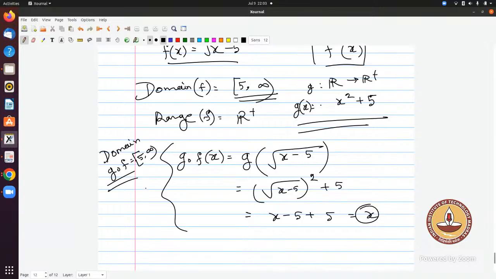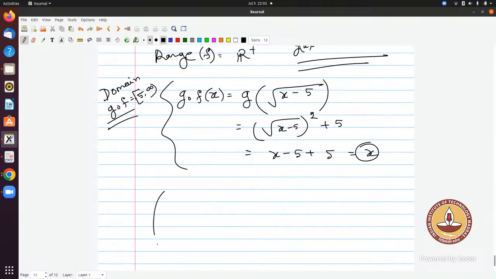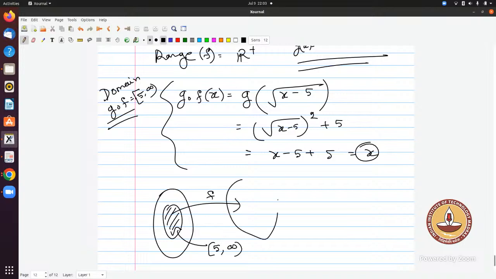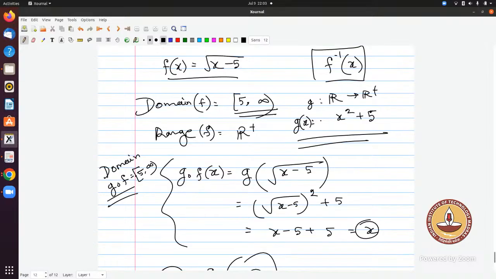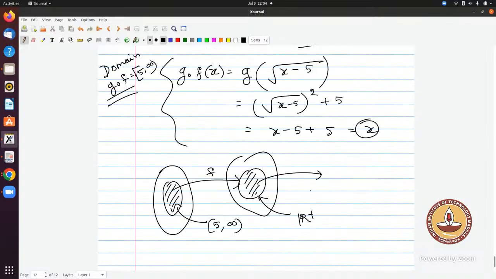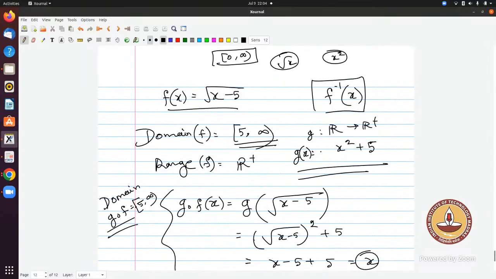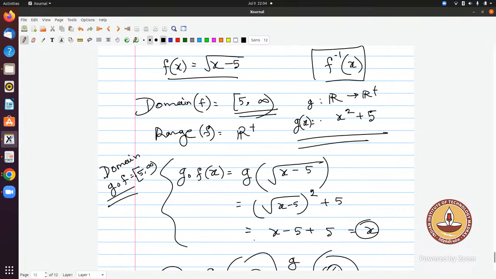We are applying f first, starting from something in 5 to infinity, and getting something in R plus. Since the domain of g is the set of real numbers, R plus is inside it, so I can apply g here. So the domain is 5 to infinity. Is this portion clear to everyone? Sir, how did we derive x squared plus 5?